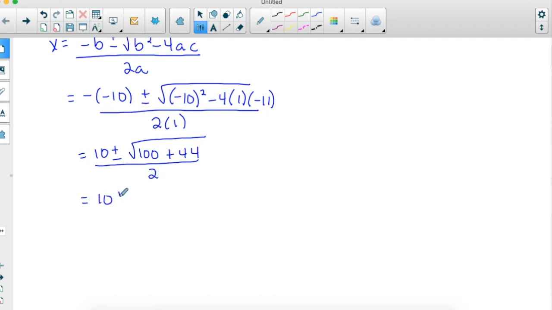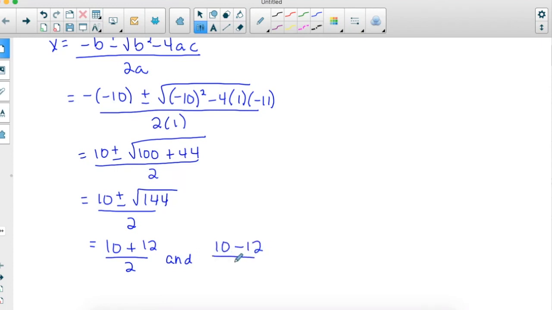Okay, 10 plus or minus the square root of 100 plus 44, which is the square root of 144. So you can kind of see already where this is going. We end up with 10 plus 12 over 2 and 10 minus 12 over 2.